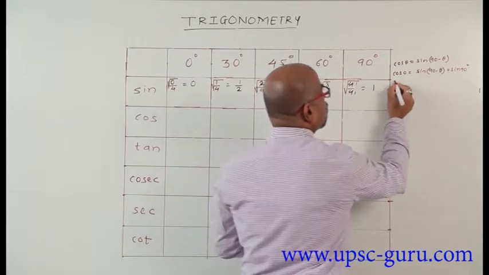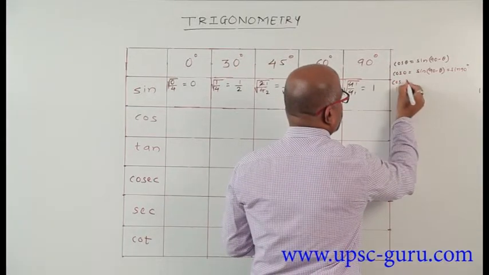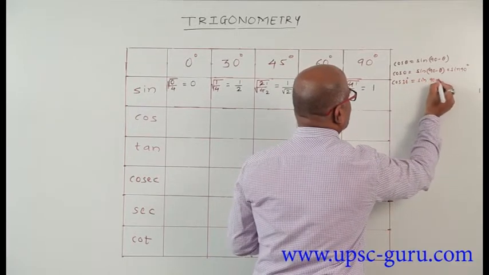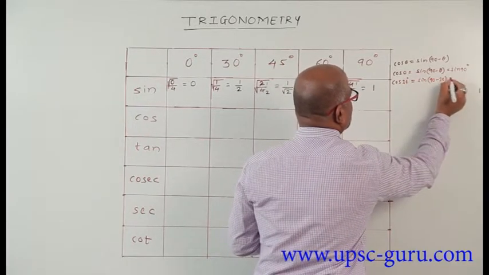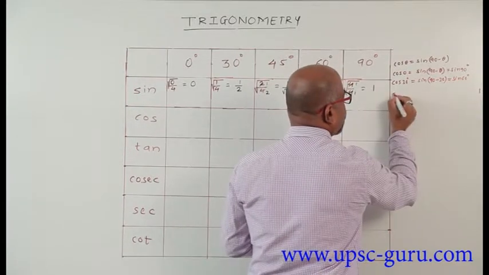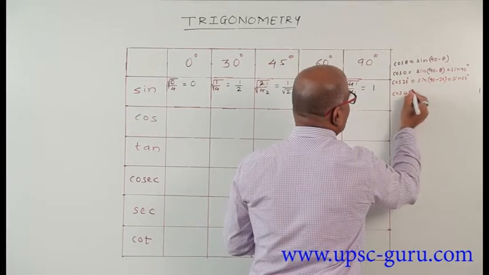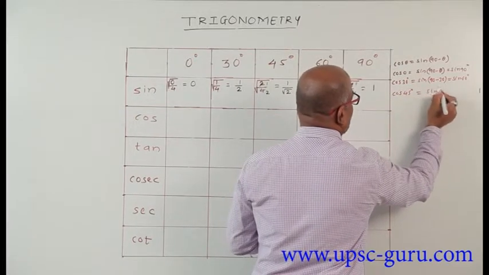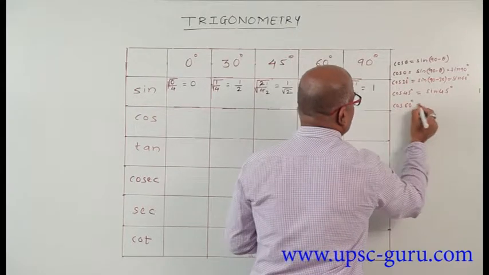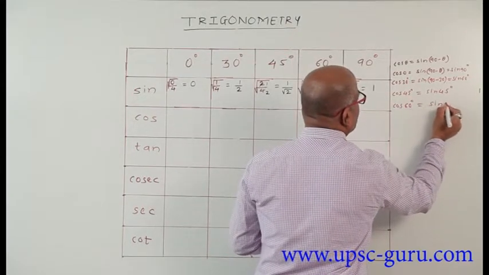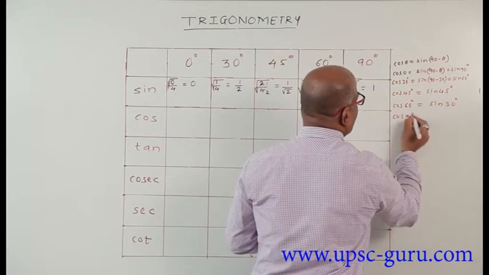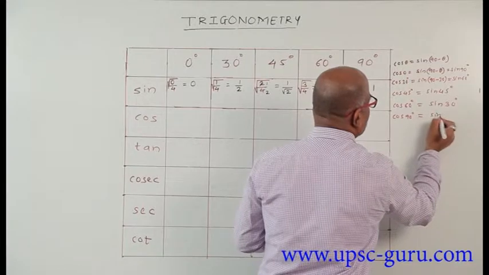Then cos 30 degree, sine 90 minus 30, that is sine 60 degree. Similarly, cos 45 degree equals sine 45 degree. Cos 60 degree equals sine 30 degree and cos 90 degree equals sine 0 degree.